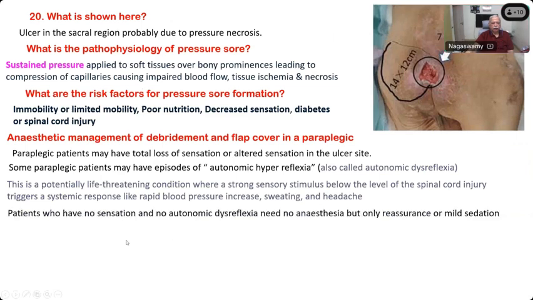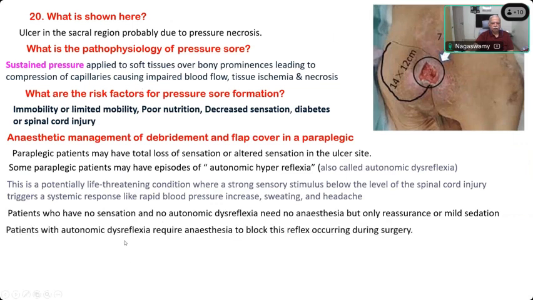Okay? So patients who have no sensation or no autonomic dysreflexia need no anesthesia, but only reassurance or mild sedation. Okay? So if this is totally insensate, you can easily do this rotation flap without any anesthesia.